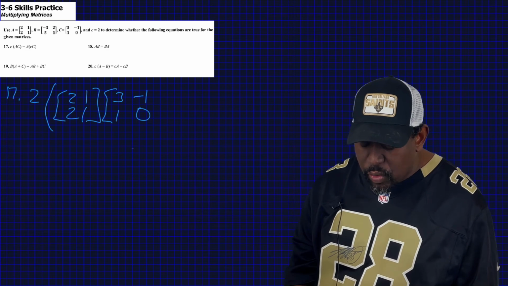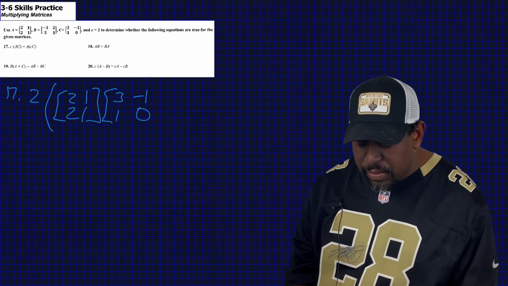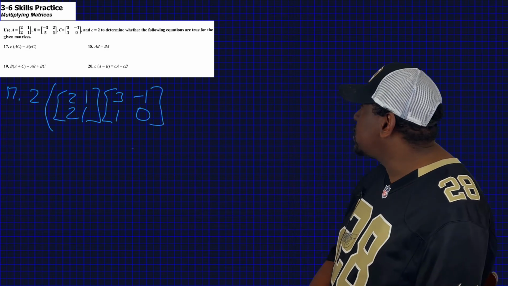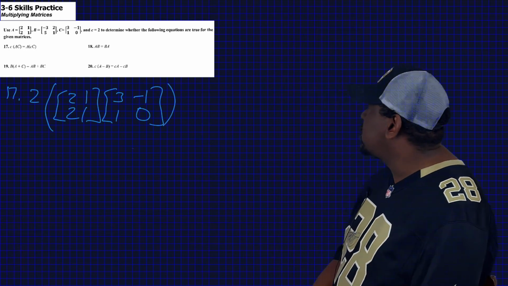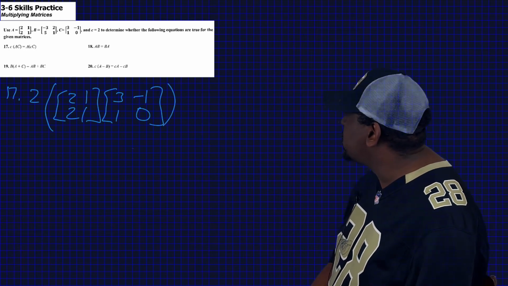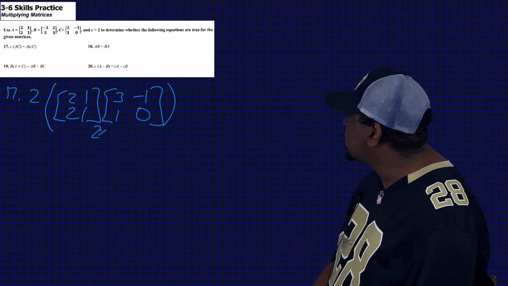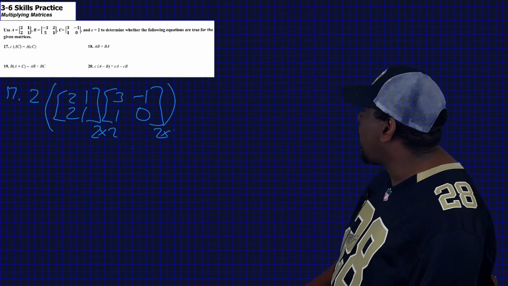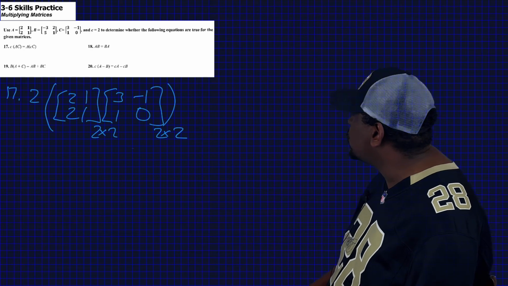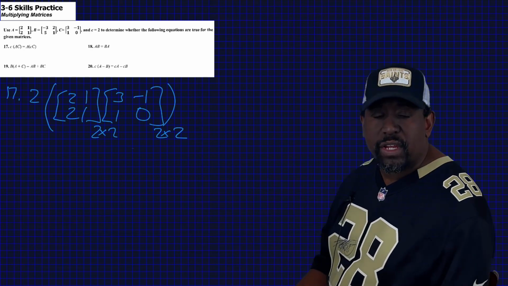According to order of operations, you have to multiply matrix A times C. So we have to determine the dimensions of the two matrices A and C. They're both 2x2 matrices. And again, since the inner terms are both equal to 2, that means we can create a product here.